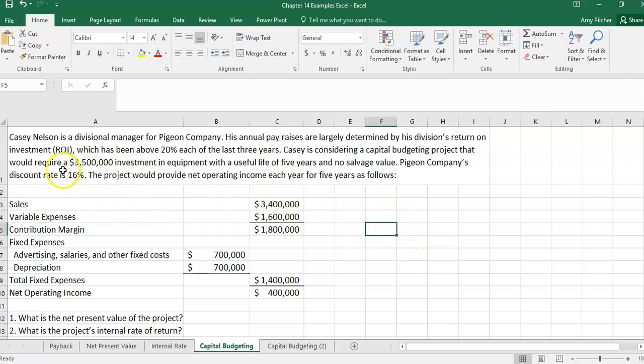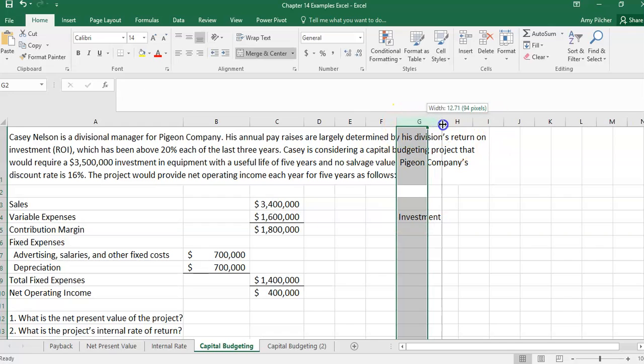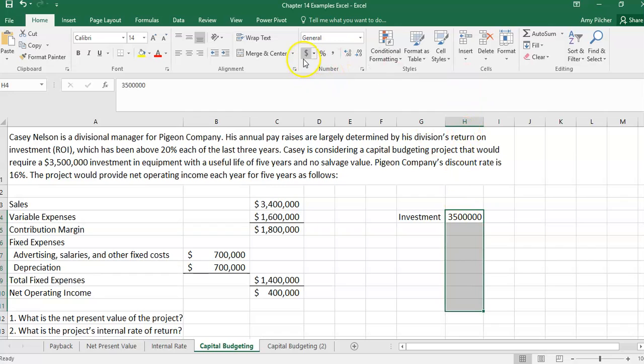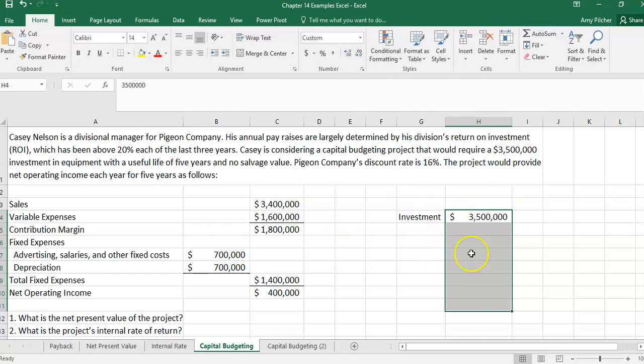We have an investment of $3.5 million, and we're going to make that a negative number.